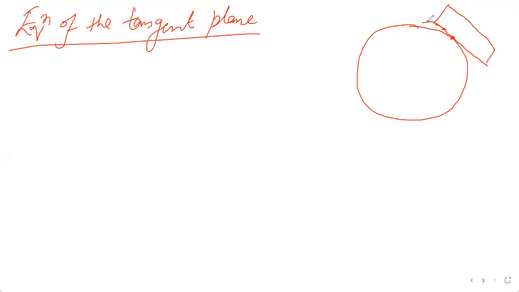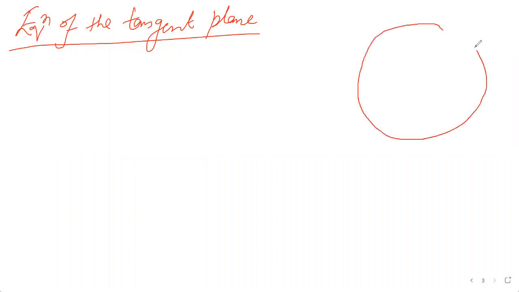Suppose a plane is like this at some point. This is a plane which is tangent at some point here. So it is not crossing. It is understood, it is not crossing.